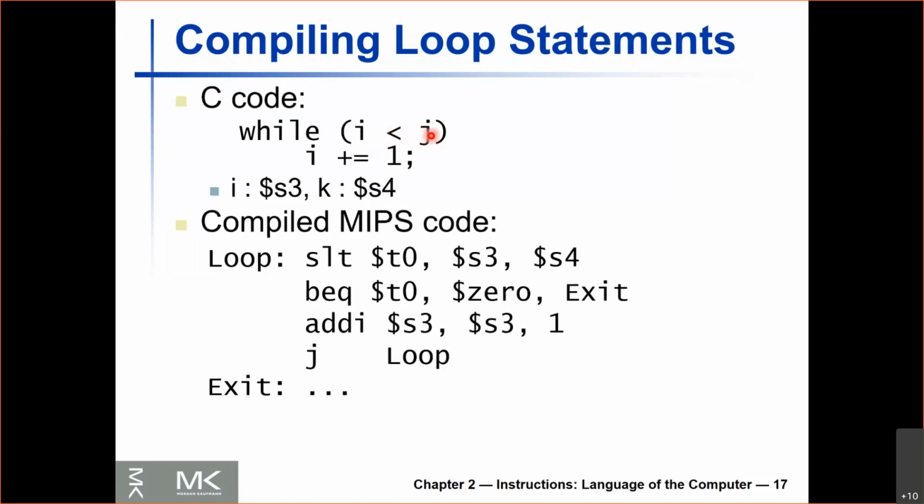Okay, so not i greater than j. And i greater than j is equivalent to j is less than i. So if all I had is set on less than and I wanted to implement less than or equal to, i less than or equal to j is the same as doing not j less than i. Okay, so you can implement less than or equal to using two instructions and swapping the operands.